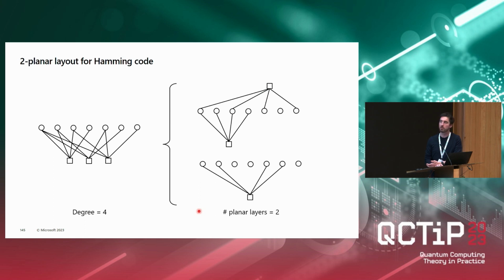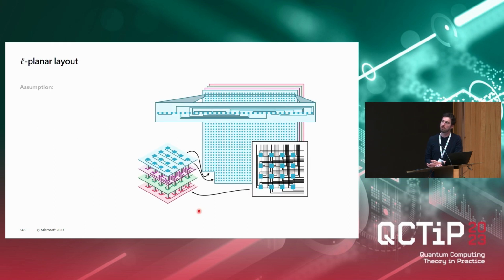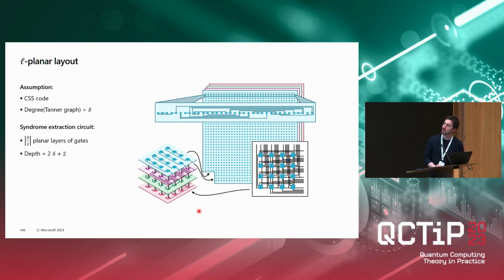And we can generalize this strategy for a general graph. If we have a CSS code, and if we have a degree delta, then we end up with a standard extraction circuit with delta over 2 planar layers, and with depths proportional to delta. So we have bounded depths, a small number of layers, and planarity within the layers.